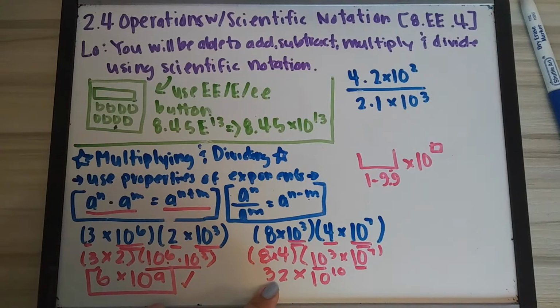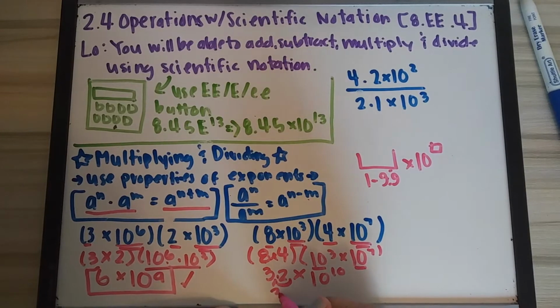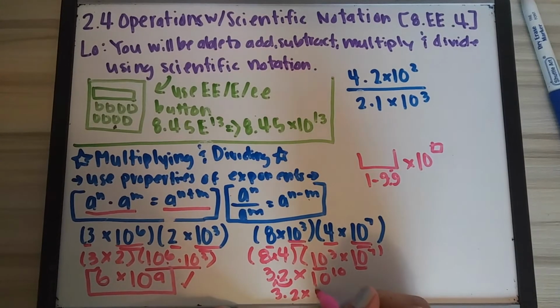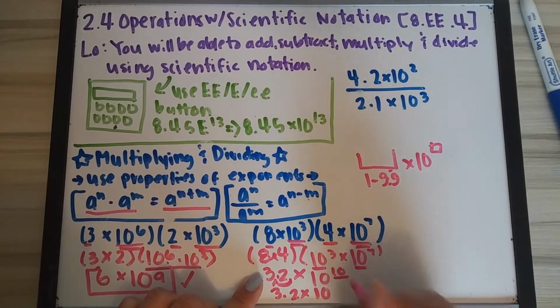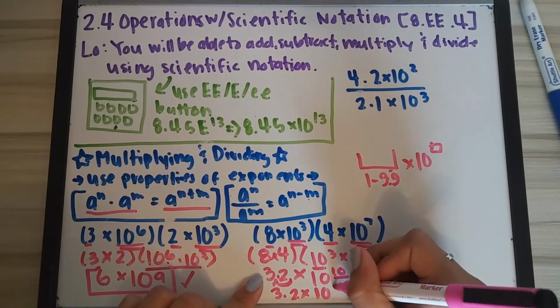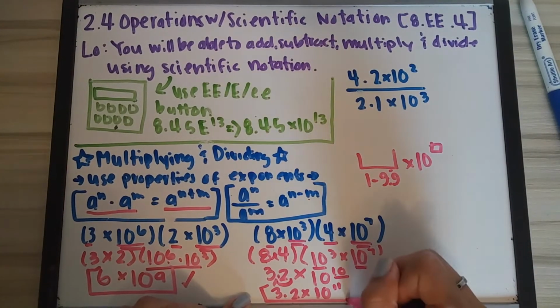Now, how would I change that? Well, the decimal point is right here. I have to move it to the left one time, so I'm going to end up with 3.2. So 3.2 times 10, but because I divided this one by 10 basically, moving it one place value to the left, I made it smaller. I have to increase the exponent, so it's going to be to the 11th power. Let me go over that.